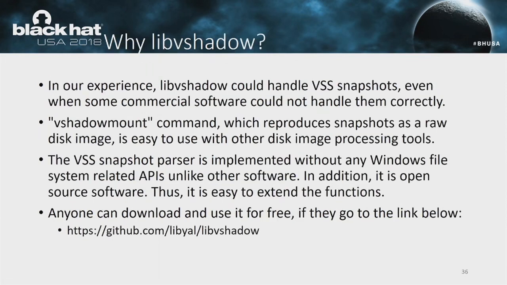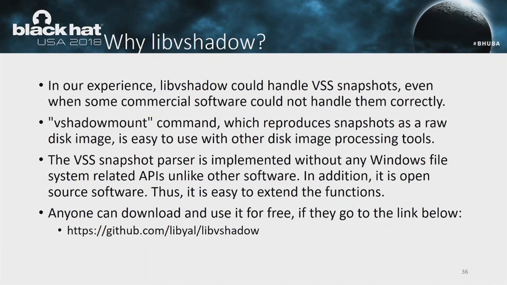So, why did we adopt LibVShadow? In our experience, LibVShadow could handle VSS snapshots even when some commercial software could not handle them correctly. The vshadowmount command, which reproduces snapshots as a raw disk image, is easy to use with other disk image processing tools.